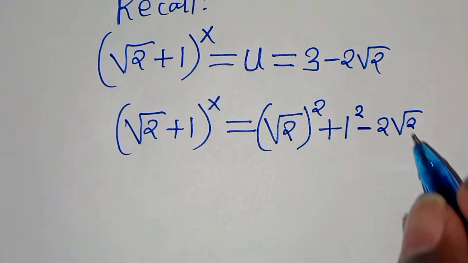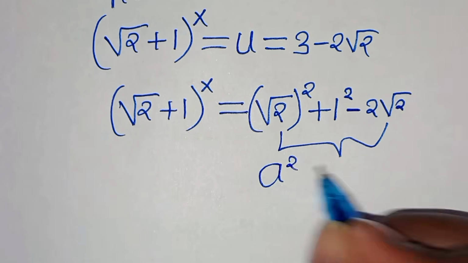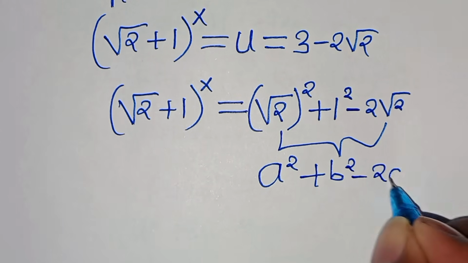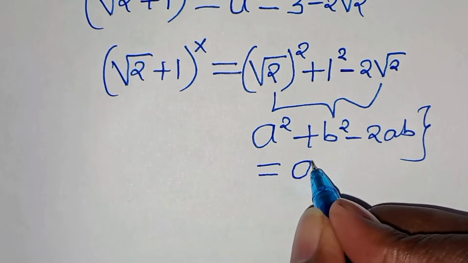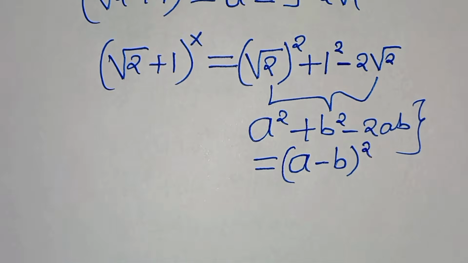Now, this is actually in the form of a to the power of 2 plus b to the power of 2 subtract 2ab, which we can express as a subtract b raised to the power of 2.